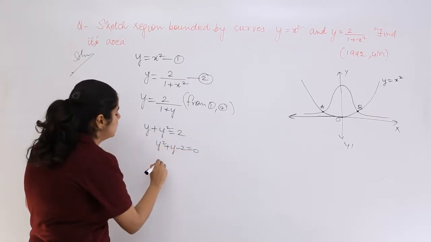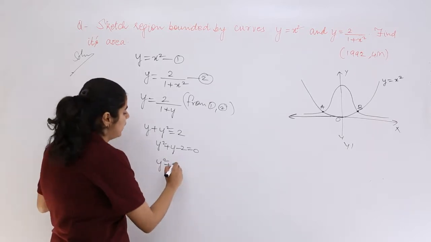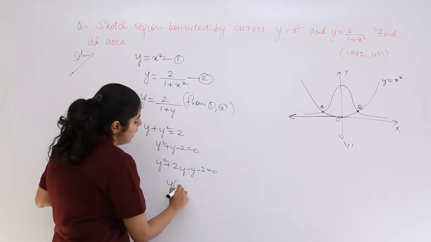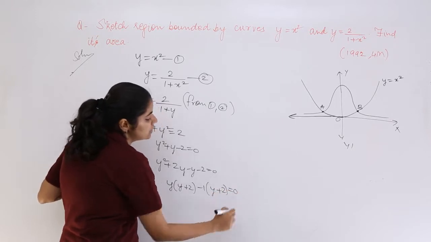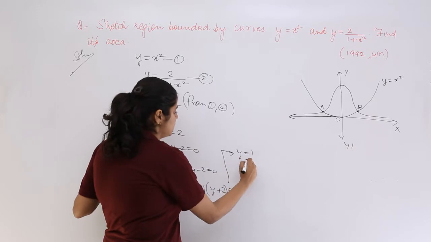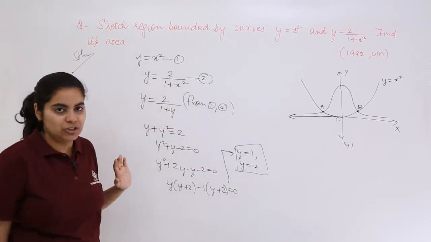Let me see what should be the answer. y² + 2y − y − 2 = 0. y(y + 2) − 1(y + 2) = 0. What are the values of y that you get? Either y is 1 or y is −2. So these are the 2 values that you obtained.